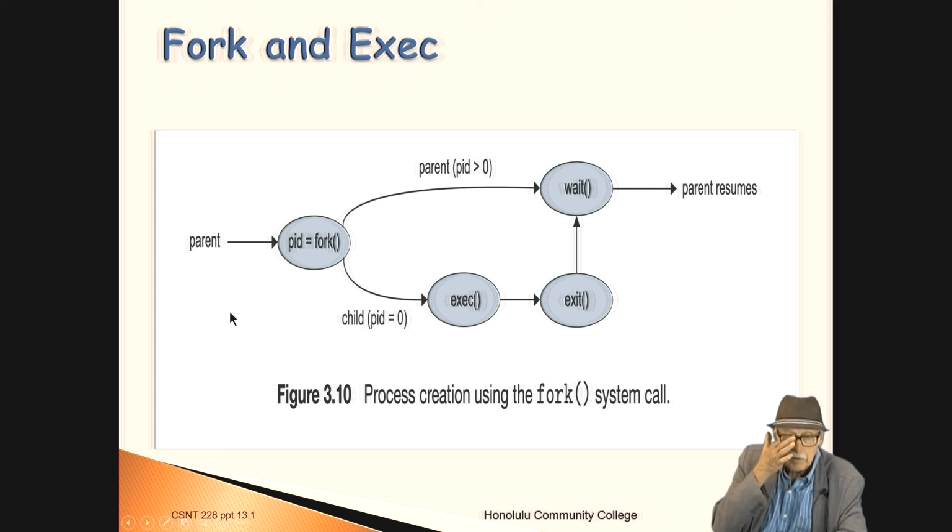When I run any executable, the first thing it will do is run a fork and start a child process with a different PID, and here's the parent's PID, and then here's the child's PID.